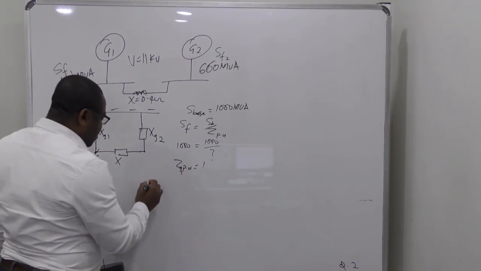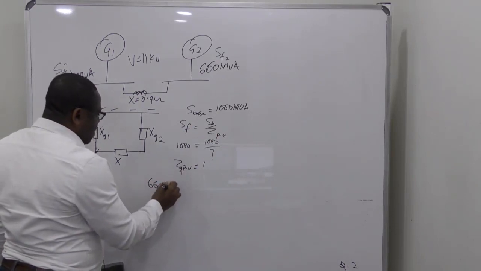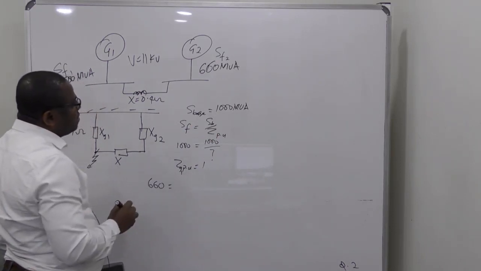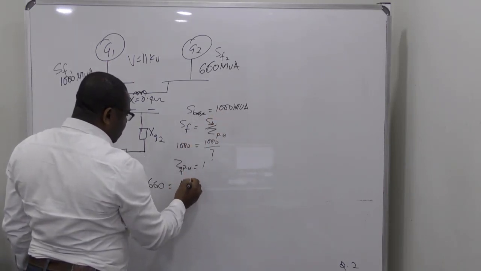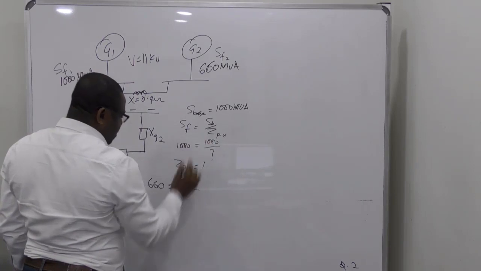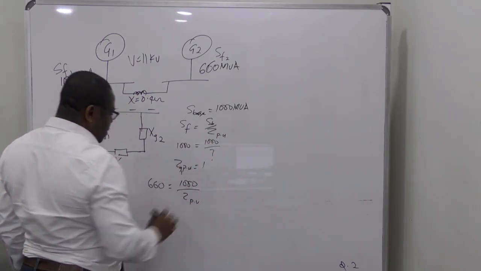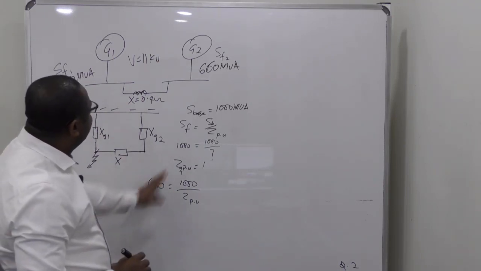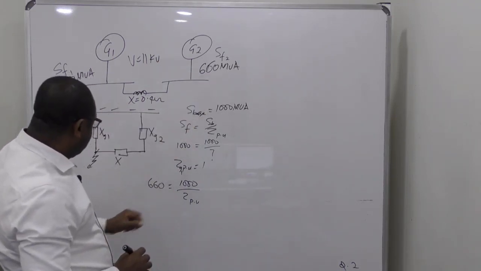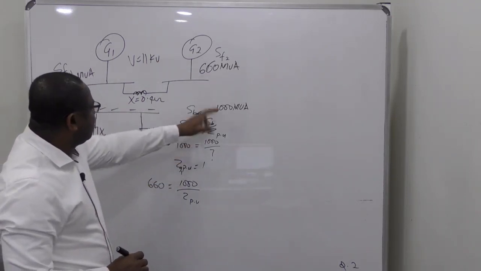So if I have 660, it's the same thing as S base 1000 divided by Z in per unit. This is our fault level there, and this is our base that we have chosen.